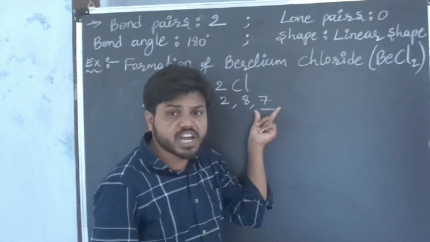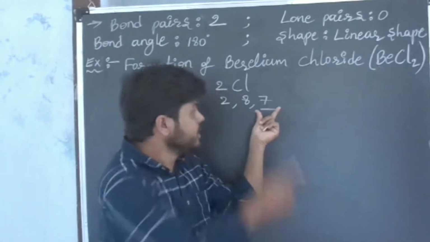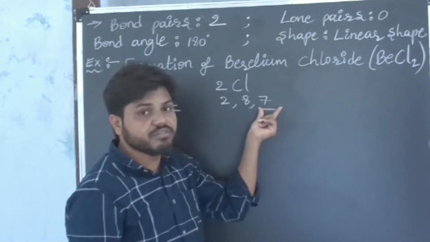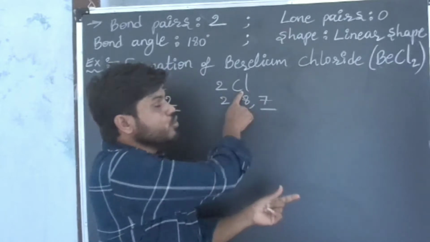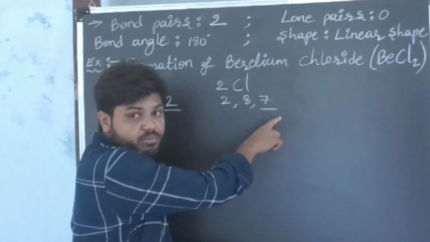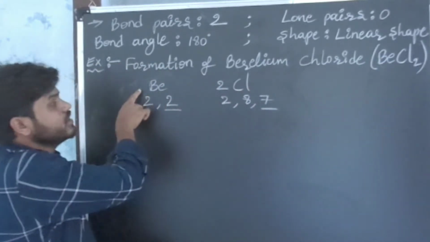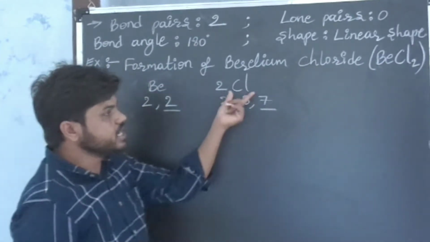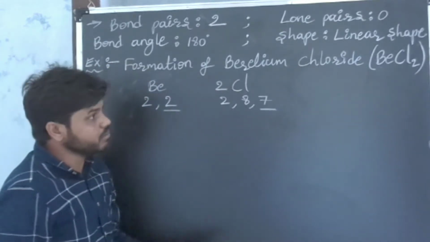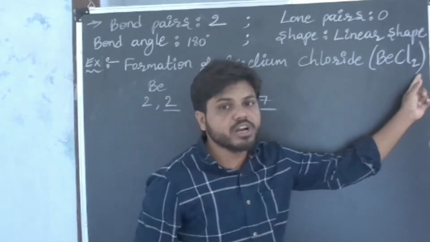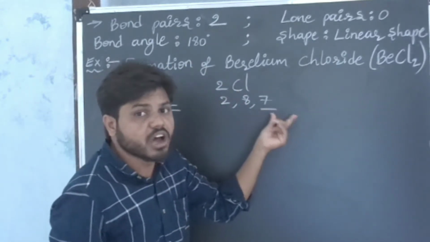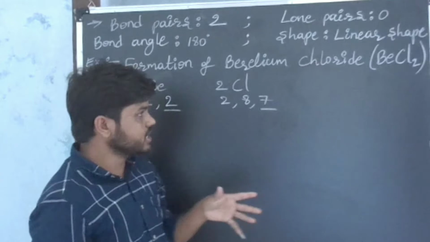To get an octet configuration in the valence shell, this chlorine atom requires one more electron. That's why each chlorine atom shares one electron with the beryllium atom to produce the beryllium chloride molecule, and it gets an octet configuration in the outermost orbital, meaning the valence shell.